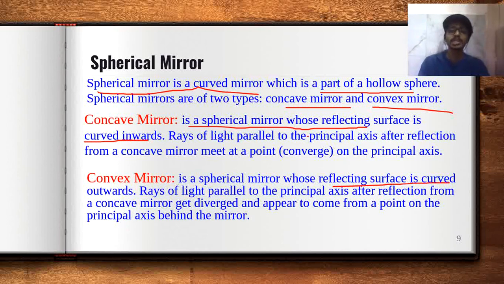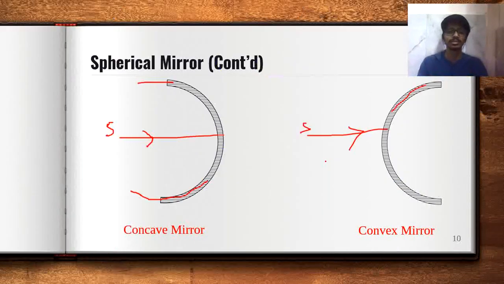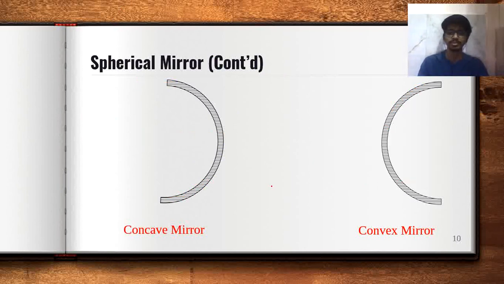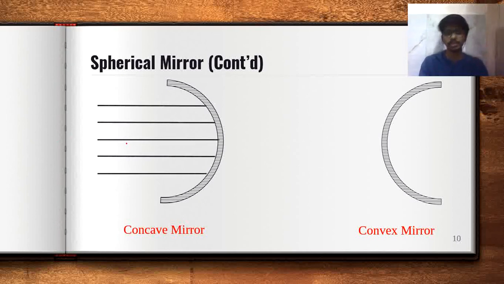Next point: rays of light parallel to the principal axis, after reflection from a concave mirror, meet at a point on the principal axis, and remember this word, converge. We'll discuss what the principal axis is.